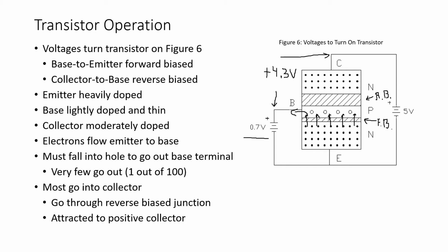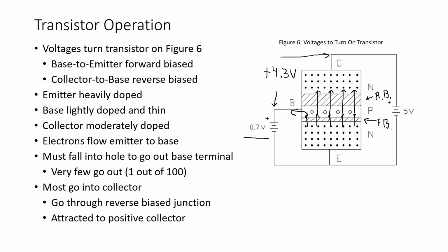Most of these electrons continue to flow through to the collector region. And again, from our beta values, we know that this ratio is anywhere from 100 to 1 to 300 to 1. So for every 100 electrons that flow through this forward bias depletion region, only one of them turns the corner and goes out the base lead or the base terminal.